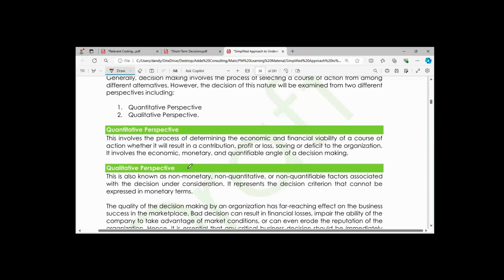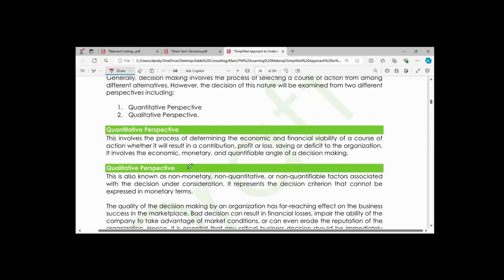I repeat, it will have far-reaching, multiplier effects on the company's business success in the marketplace.